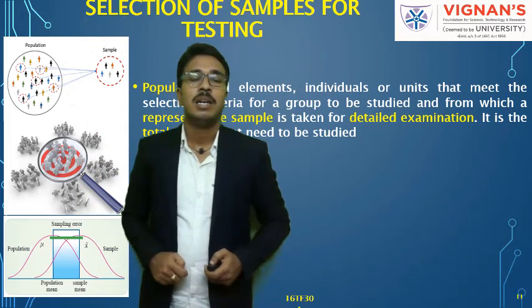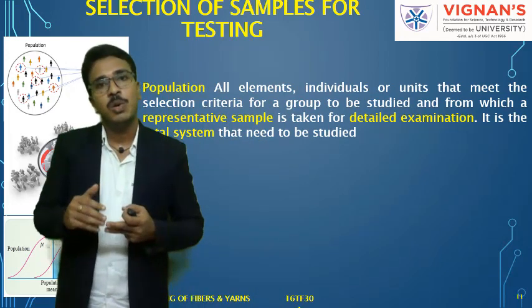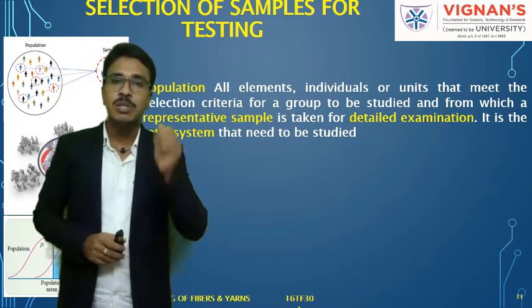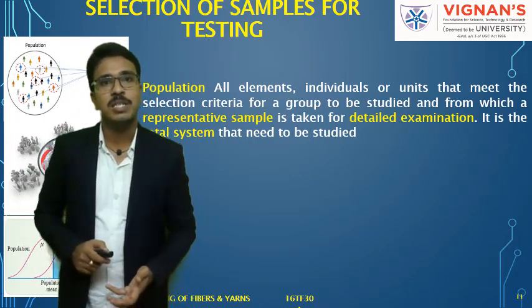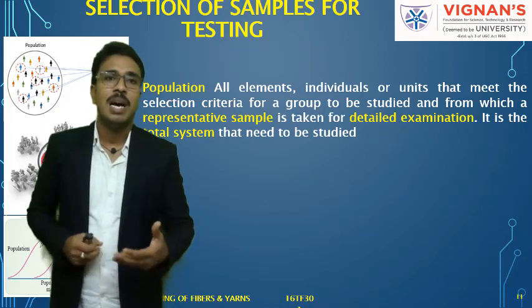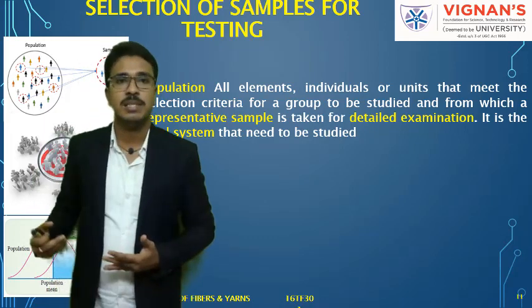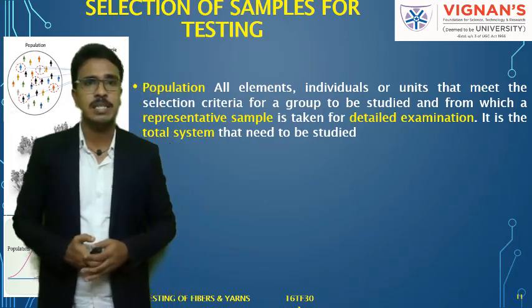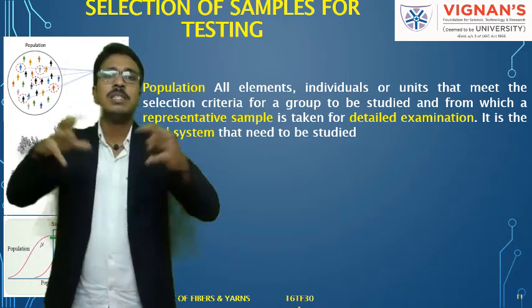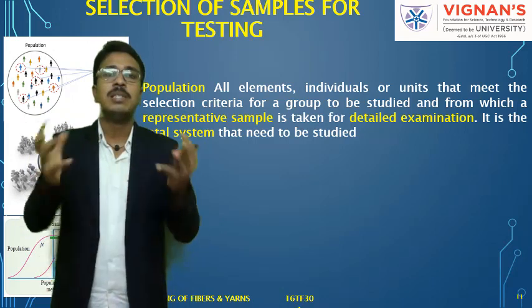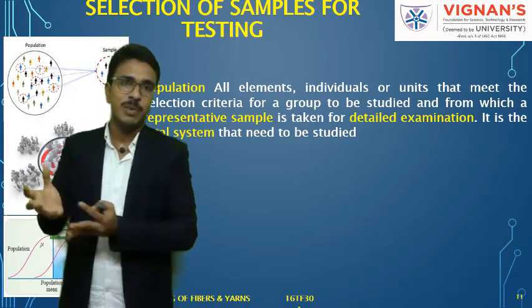Before going into detail on how to select the samples for testing, we will see what is a population, what is a sample, and what is sampling. Basic things we will discuss. What is population? Population is nothing but a total system which we are going to study.